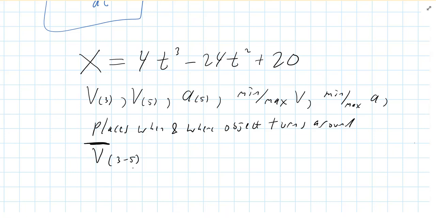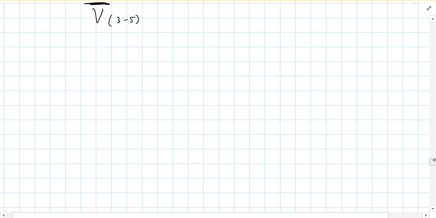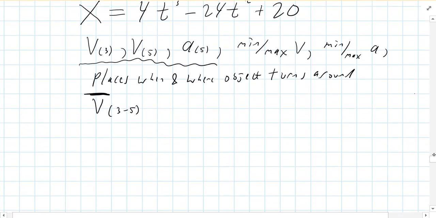And actually, I'm going to talk about these three all together. How do you find velocity and acceleration if I've given you position as a function of time? Okay, well, velocity is the derivative with respect to time of position. So v as a function of time is dx/dt.